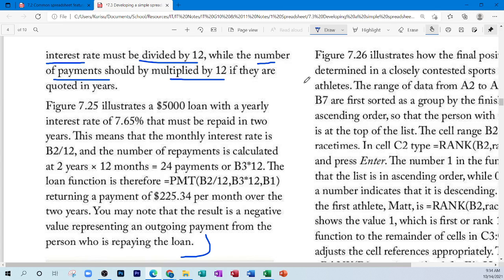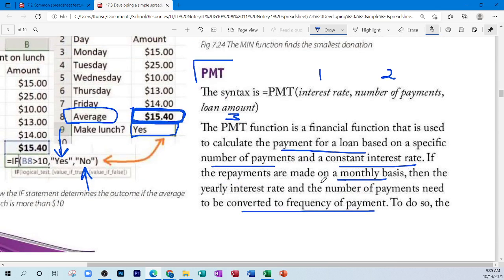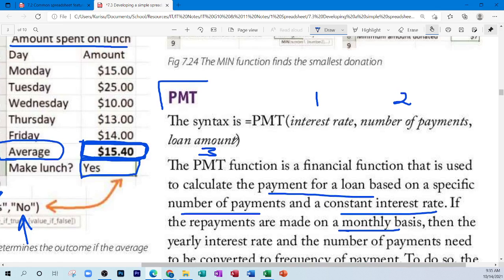Great. So the PMT is basically a function that you would use if a person would have taken a loan. So you know when you go to the bank and you take a loan, maybe of 4 million, 5 million, 10 million, 30 million, whatever the case may be. So if we look at the syntax at number 3, we have there the loan amount. So that's basically how much you're going to be taking out.